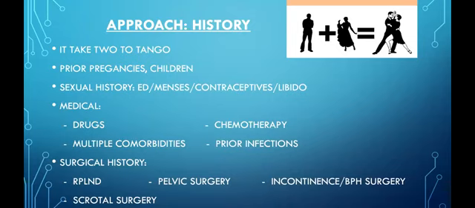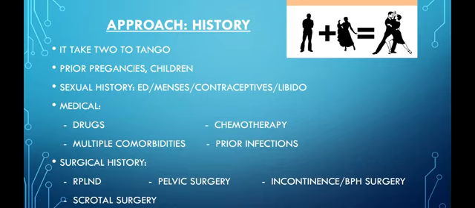So medical history as well. Remember to look at what drugs they're taking and any comorbidities. Do they have a poor general medical state? Are they poorly controlled diabetics, for instance? Have they undergone any chemotherapy in the past, even childhood chemotherapy? Do they have any prior infections, specifically things like viral orchitis, so mumps, TB, sexually transmitted infections?